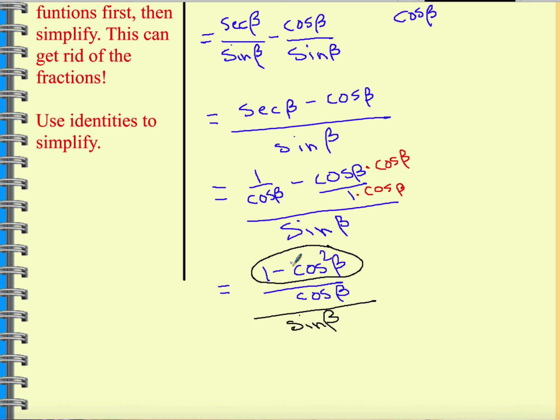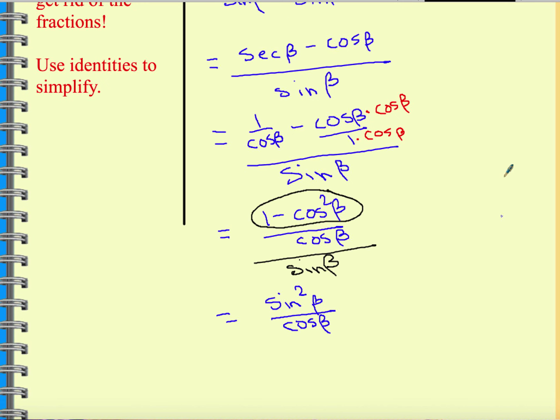So 1 minus cosine squared is really sine squared. So I have sine squared divided by cosine, all divided by sine. Now you might be thinking this almost looks like a complex fraction, and you'd be right.